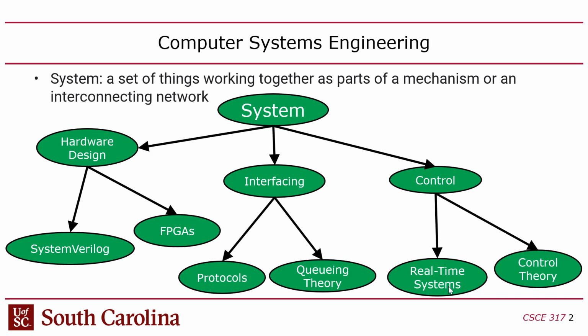It's an important topic. And then as I mentioned, we'll talk about control, because this class focuses on not just embedded systems, which are standalone systems, but cyber-physical systems, which are computers that can control the outside world, the physical world in some way. Under that category, we have real-time systems, which deals with software performance. You have to worry about software performance if you're trying to control the real world.